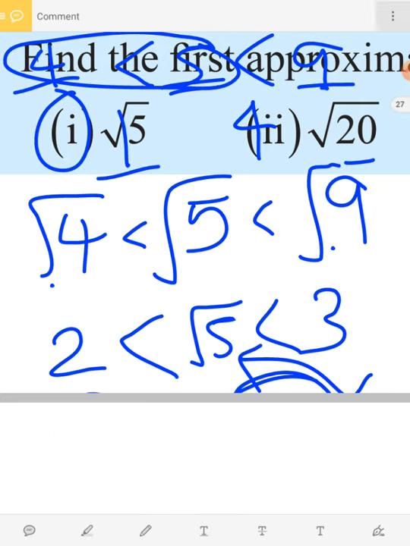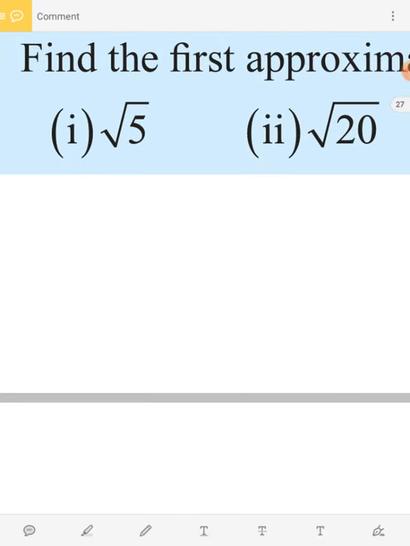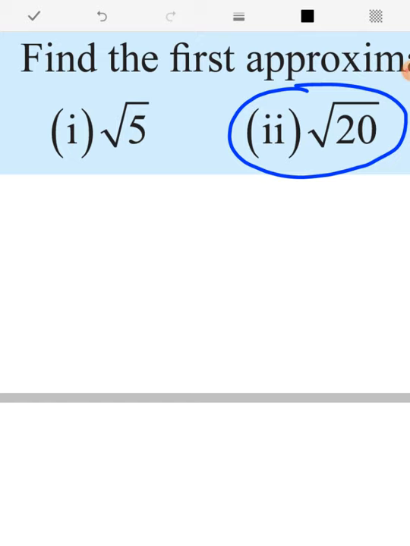Likewise, the square root of 20. Write 20 here. What is the next square number for 20? 25. The square number before 20 is 16.